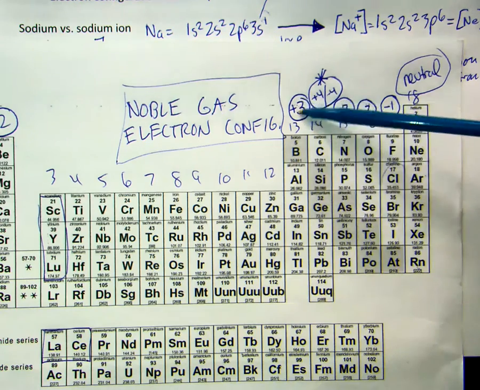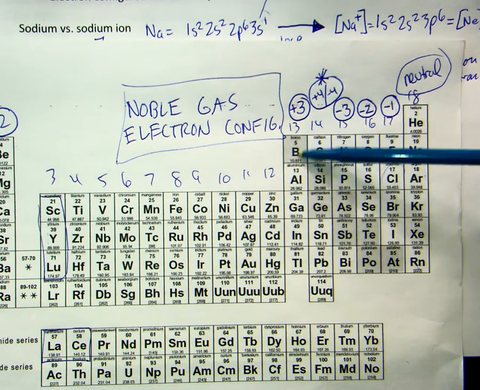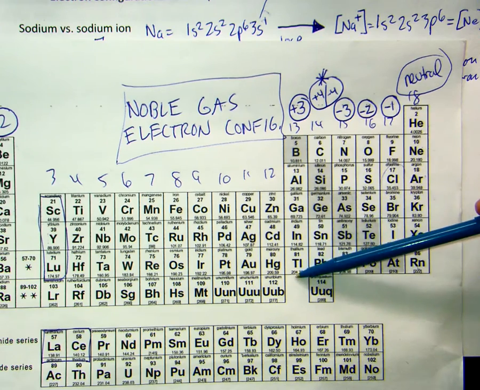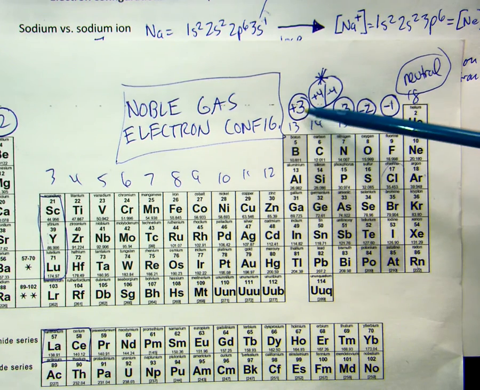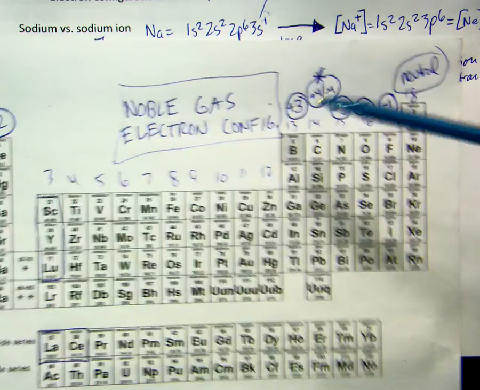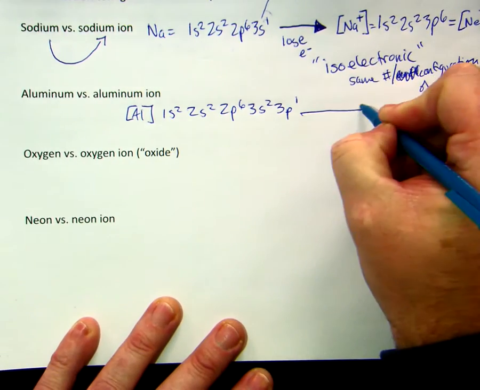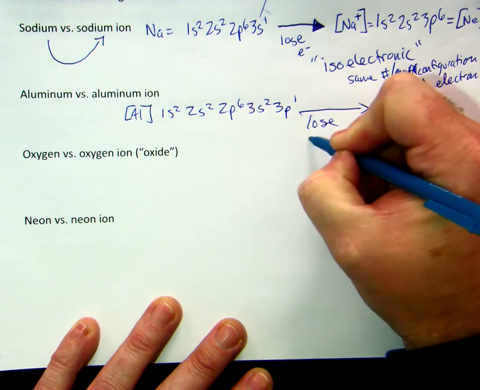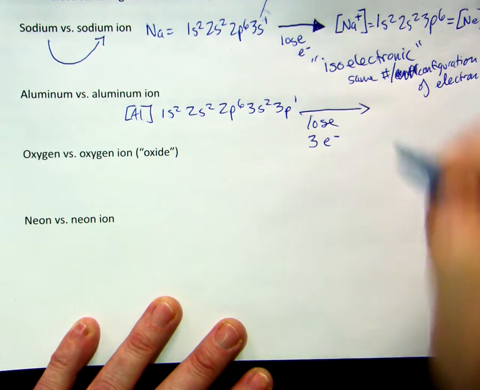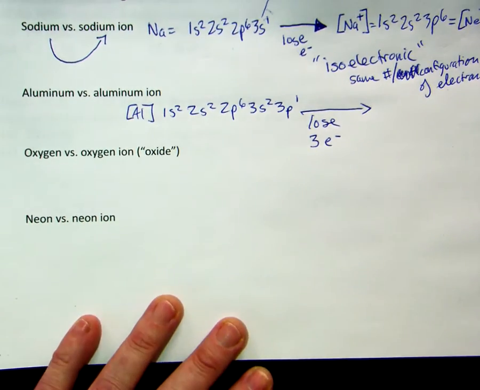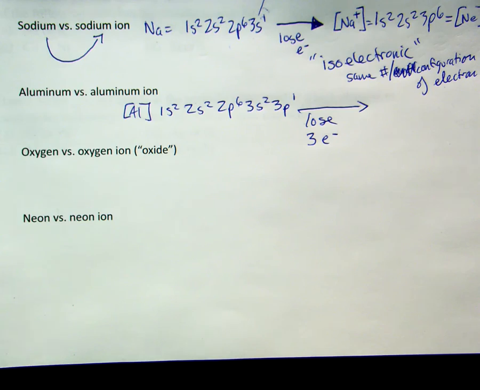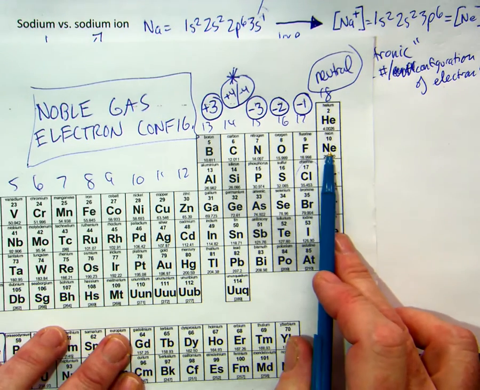Well, I already indicated that this column forms a positive charge, so that means it loses electrons. This column would rather lose 3 than gain 5. So it's going to lose 3 electrons and develop a +3 charge. So let's just put a note here: it's going to lose 3 electrons to become like neon.